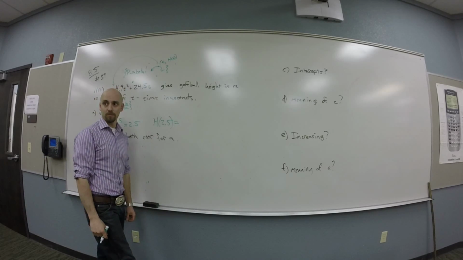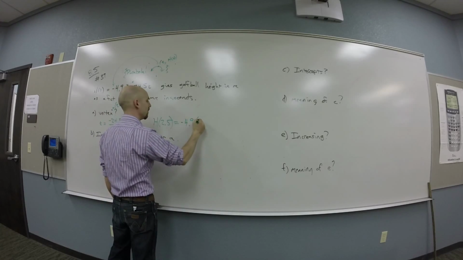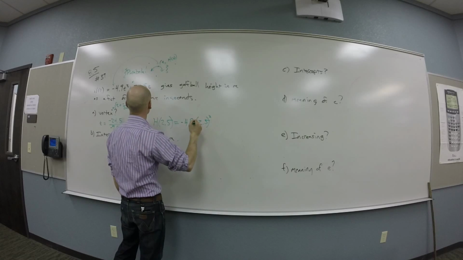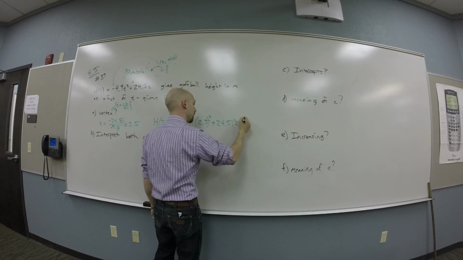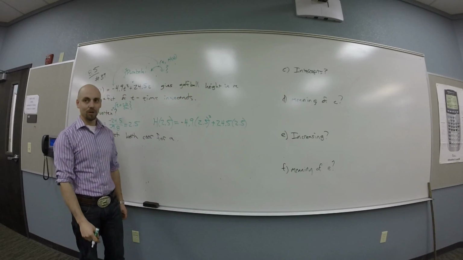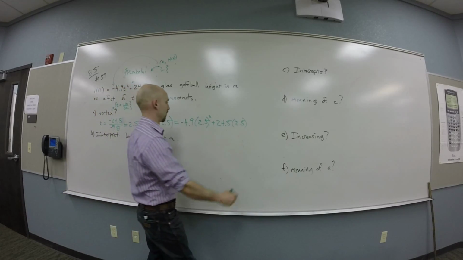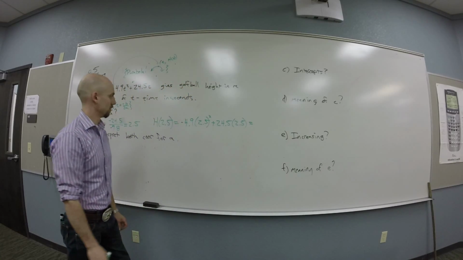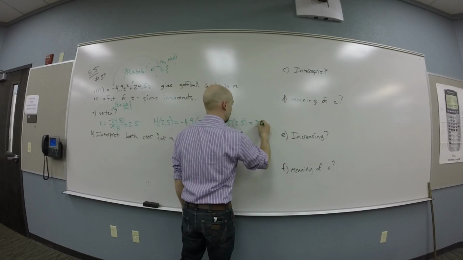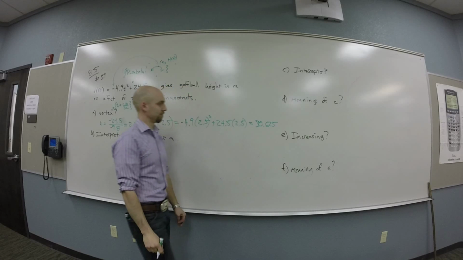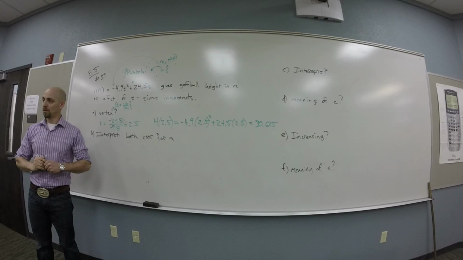So what do you get? Negative 4.9 times 2.5 squared plus 24.5 times 2.5. Somebody want to give me a good number for this? Whatever number comes out of the calculator.